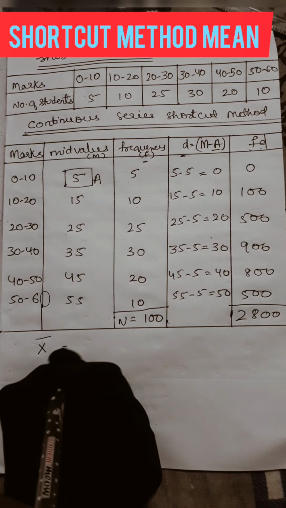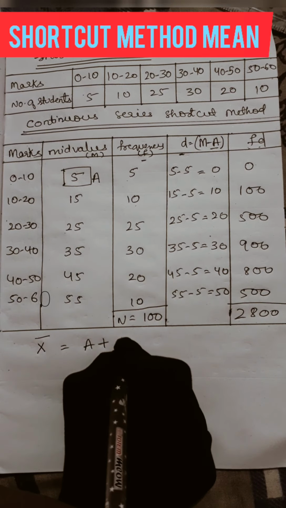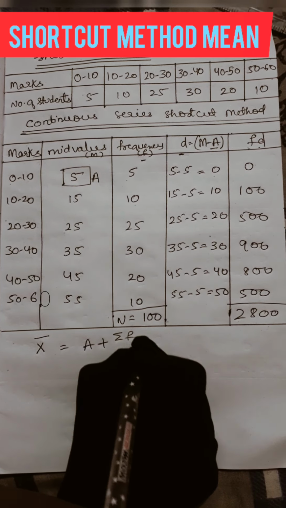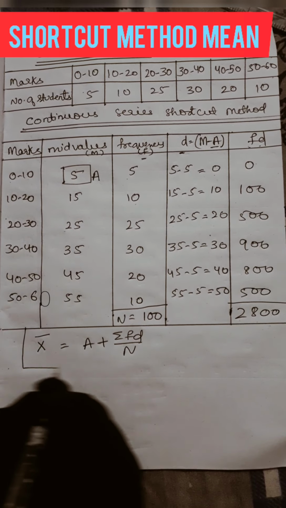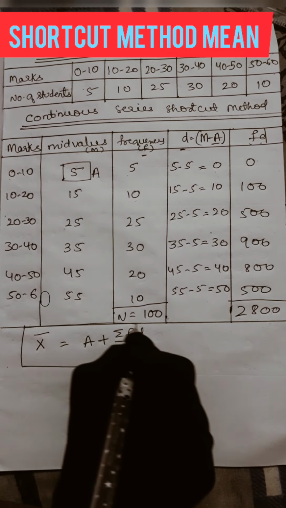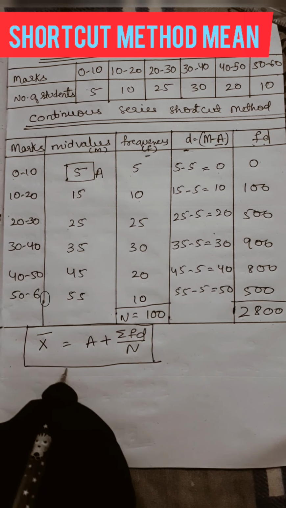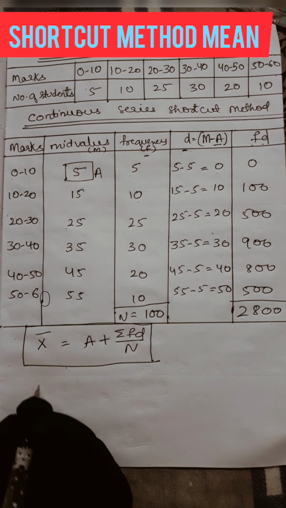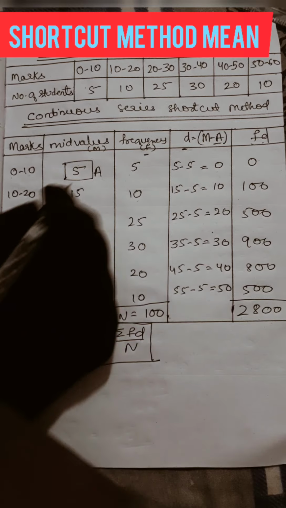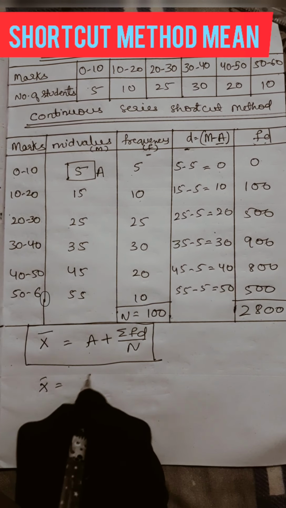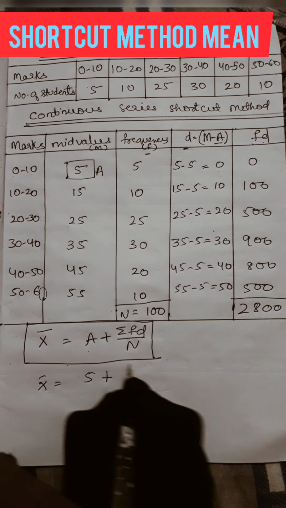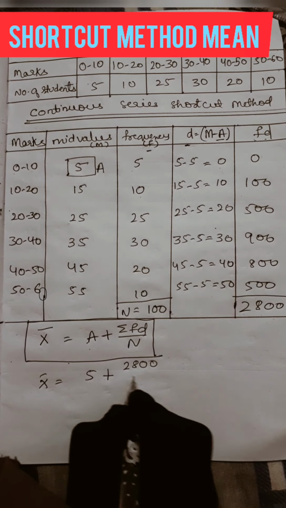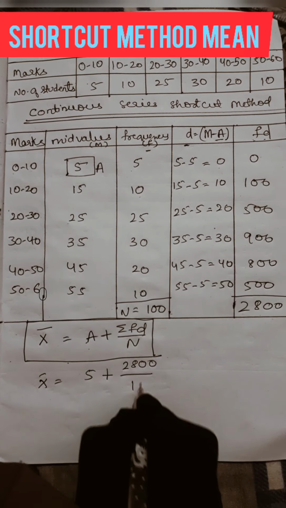The formula of mean in shortcut method is mean is equals to A plus sigma FD by n. A is 5 plus sigma FD, the sum of FD is 2800 divided by n, 100.